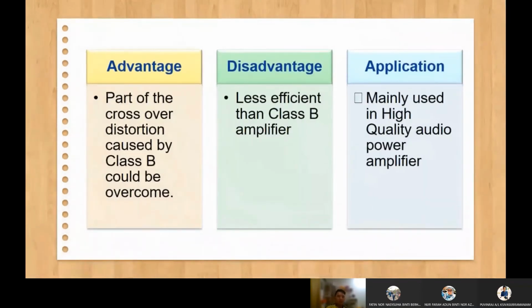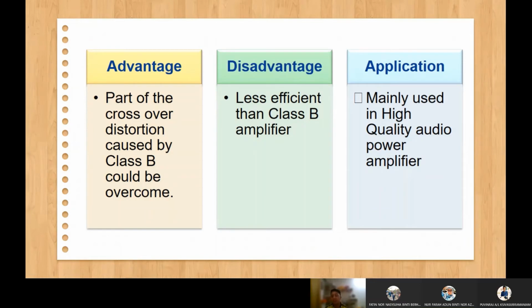Every class of amplifier has its own advantage, disadvantage, and application. For class AB amplifier, the advantage I have explained earlier, which is it can overcome or reduce the distortion, the crossover distortion caused by the class B. The disadvantage for the class AB amplifier is it is less efficient than class B amplifier.